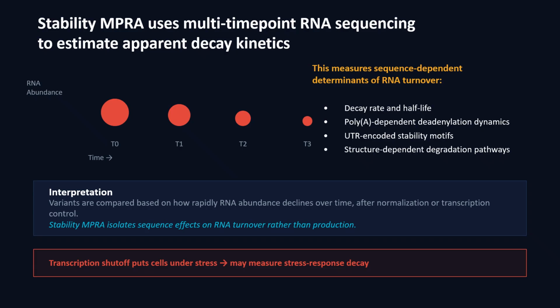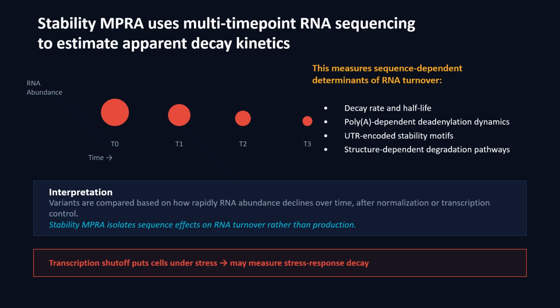Instead of sampling RNA at a single time point, we measure abundance at multiple time points after expression begins or after transcription is halted, and track how each variant declines. So this lets us estimate apparent decay kinetics for each sequence.